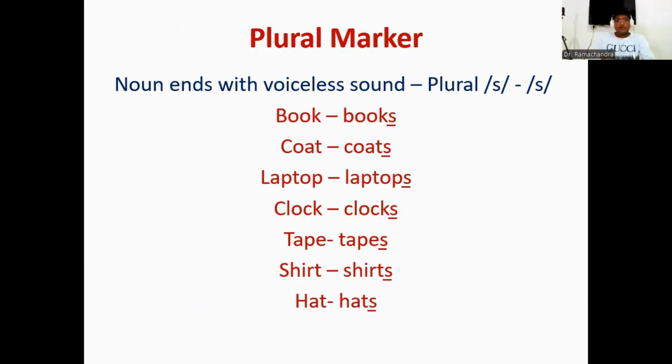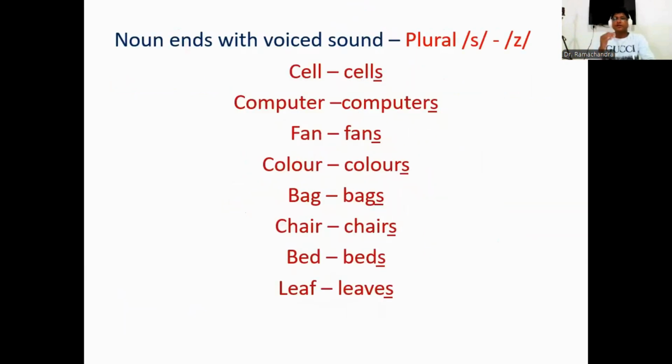But if nouns end with voiced sounds, the plural s becomes z. Look at this. Cell, l, voiced. Cell, cells. Computer. In British accent, I told you last time, the r sound is not produced; it becomes a schwa, according to phonetics.